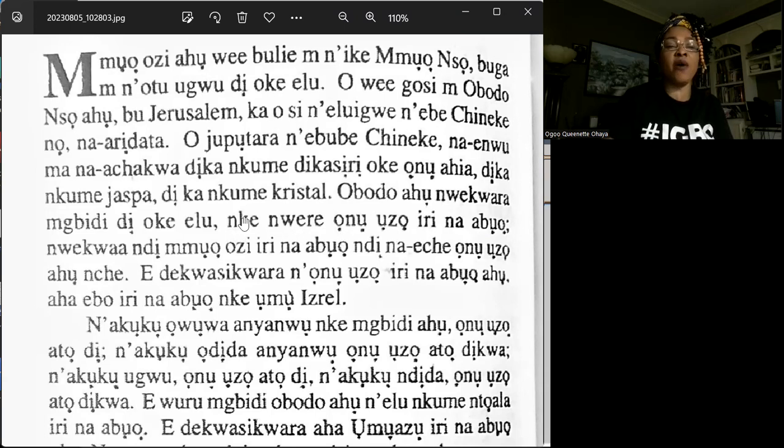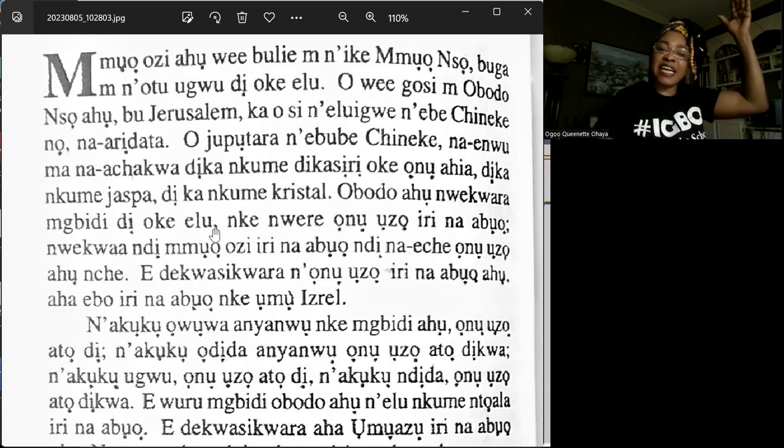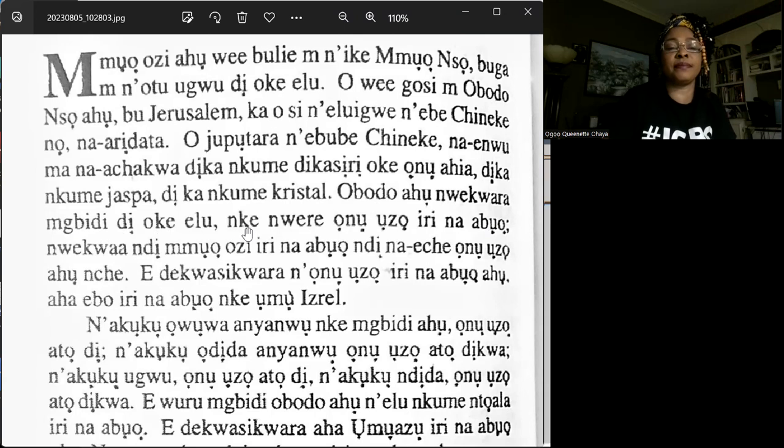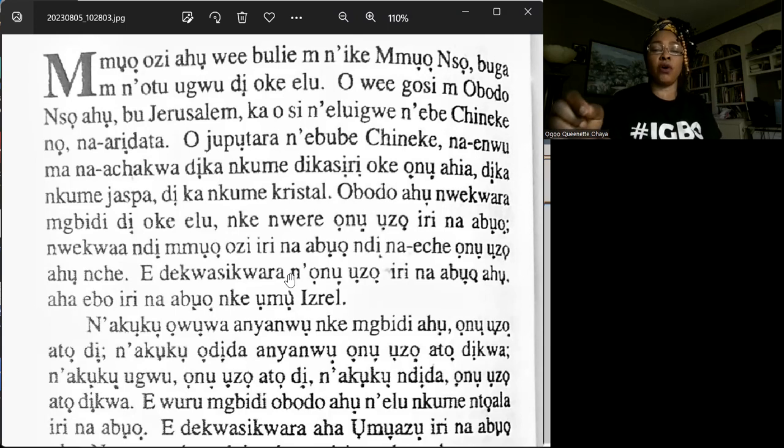It says obodo ahụ nwekwara mgbidi dị oke elu. That place has very high mountains. Nke nwere ọnụ ụzọ 12. It's like 12 paths or something. 12 doors, okay. Yeah, ọnụ ụzọ.